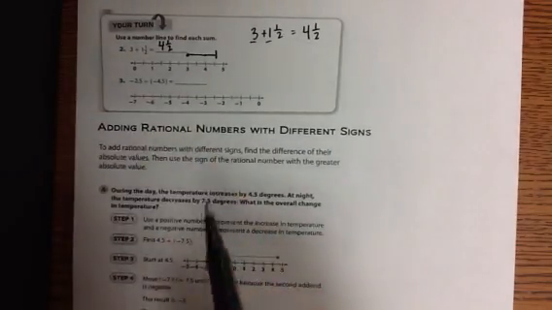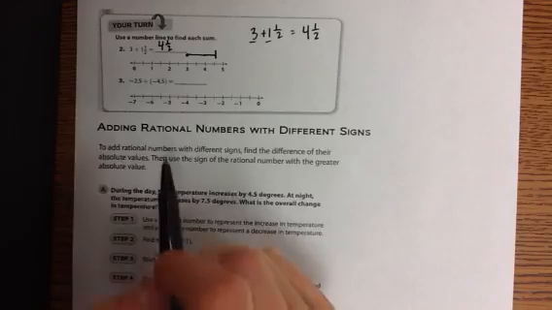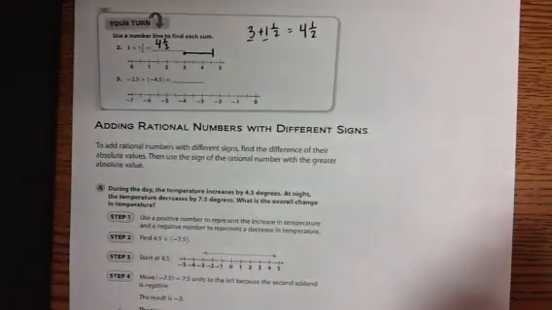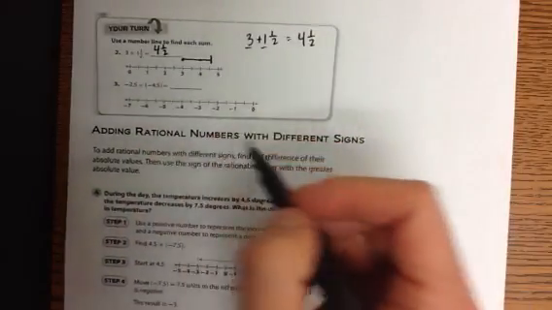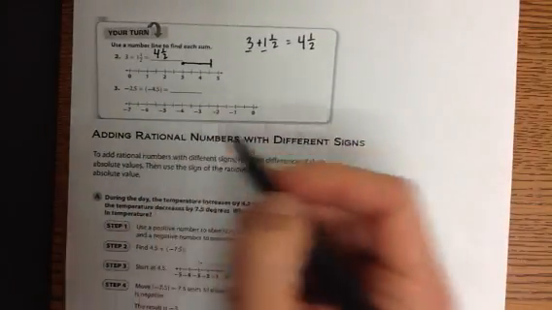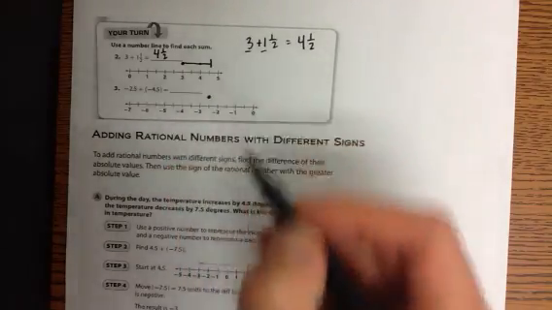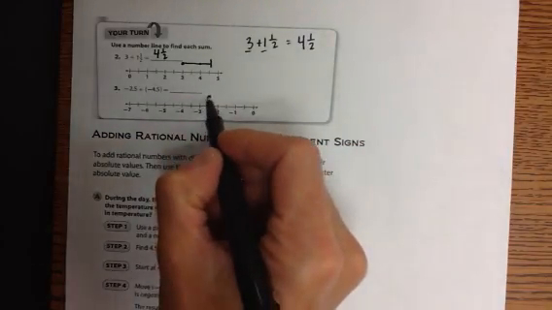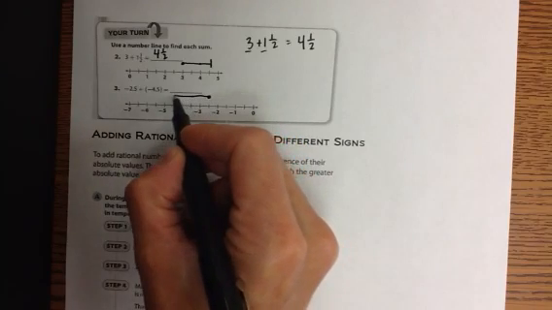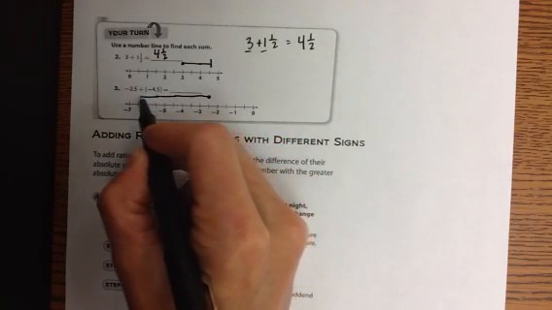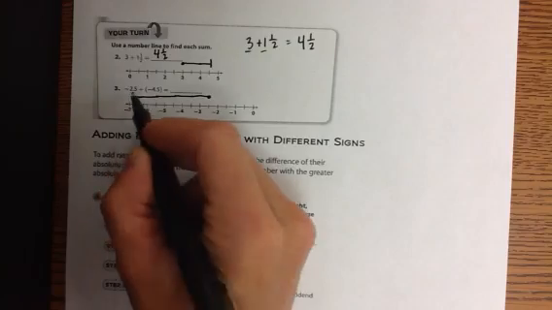Let's look at number 3. Negative 2 5/10 and negative 4 5/10. So since both numbers are negative, I'm going to be moving to the left. I start at negative 2 5/10, and I'm going to move 1, 2, 3, 4, and 5/10.